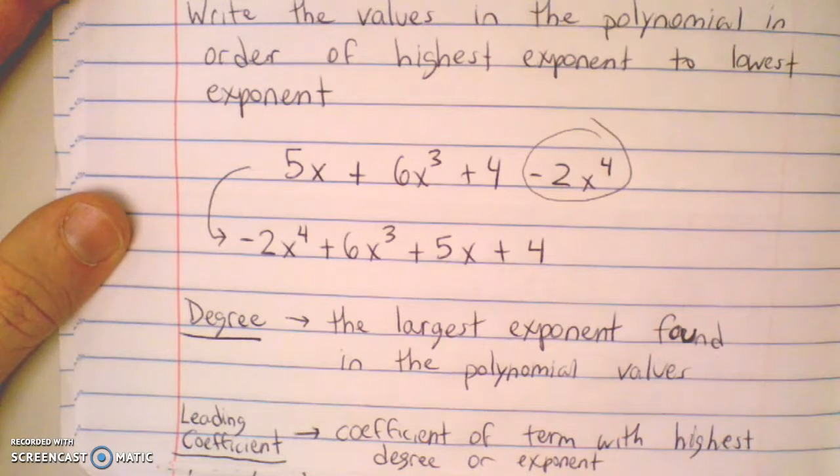So that's just how we work with polynomials. You identify the standard form by putting the polynomial in order by degree, which is the exponent value. And then you can identify a leading coefficient based on the first number in front of the term that has the highest exponent. And these are for polynomials that have one variable.